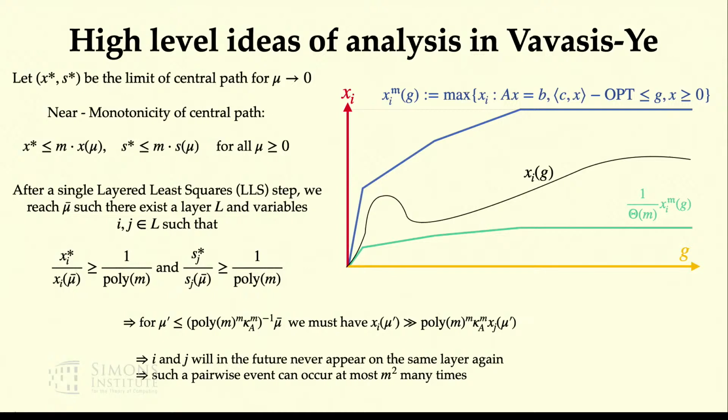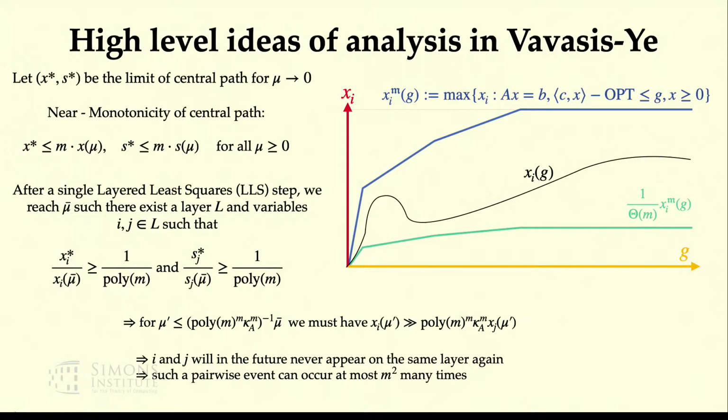Vavasis and Ye show that after a single step, you arrive at some gap parameter mu bar, so that there exists some layer in your layering and variables i, j in that layering, such that the ith coordinate has essentially converged, meaning that the optimal solution is at most a poly m factor away from your current value. And again, this means that I'm essentially converged because I'm essentially monotonically decreasing.